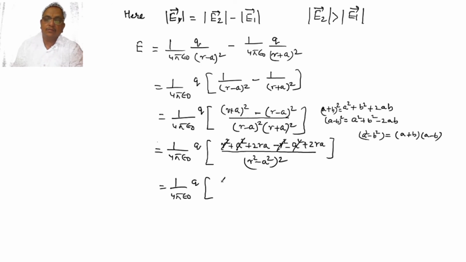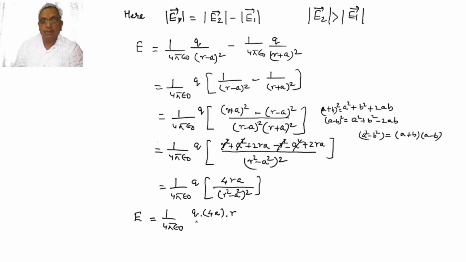Now we have 4RA over R square minus A square whole square. Now electric field will be 1 over 4 pi epsilon 0 Q into 4A into R over R square minus A square whole square.